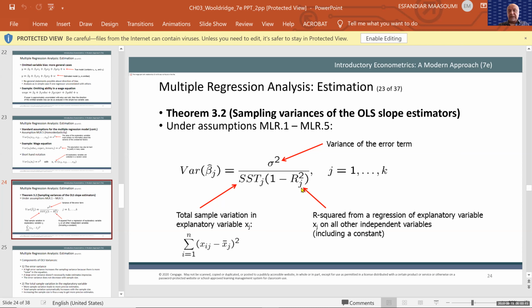Suppose that some xj regressor is highly correlated with all the other x's. This gets close to 1. 1 minus 1 is almost 0. Divided by 0 is infinity. So adding more and more variables causes increasing degrees of uncertainty about what you say about their separate partial effects.